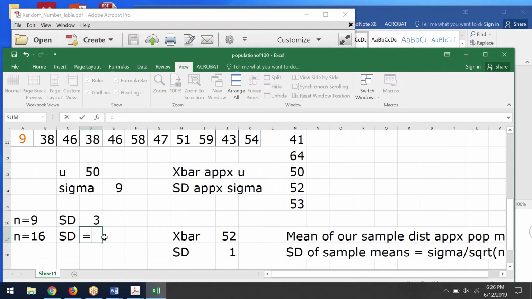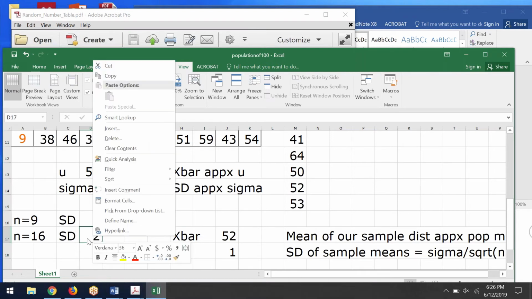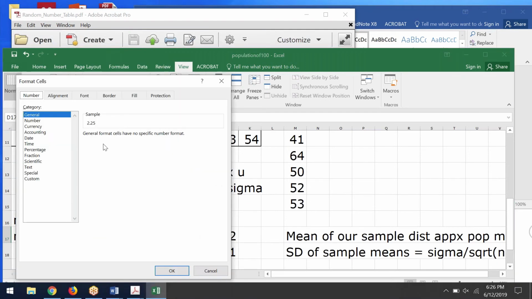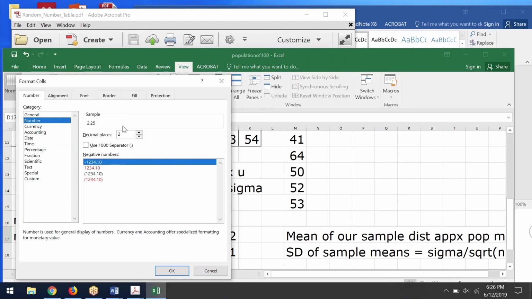I'm going to check your work. It's going to be 9 sigma divided by the square root of 16, which is 4. Actually, I'm going to round. See if I can format cells. There we go. Okay, number, good.